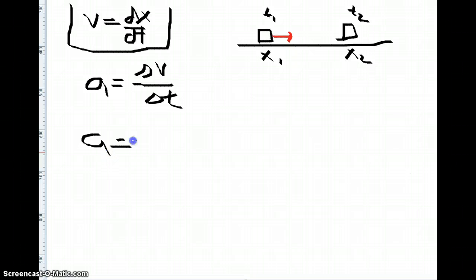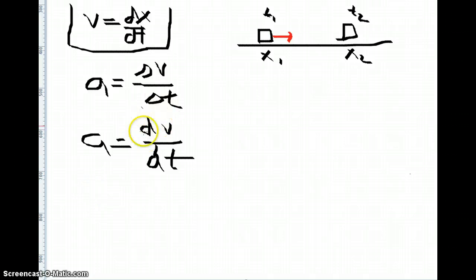Okay, so if we put acceleration in calculus terms, it is equal to dv/dt. So we've got two equations now that are pretty useful. v equals dx/dt, a equals dv/dt.